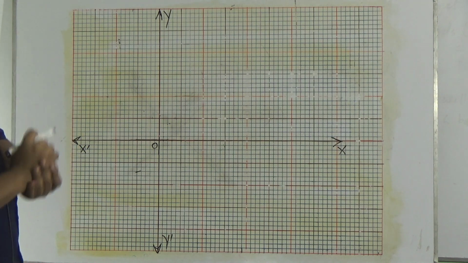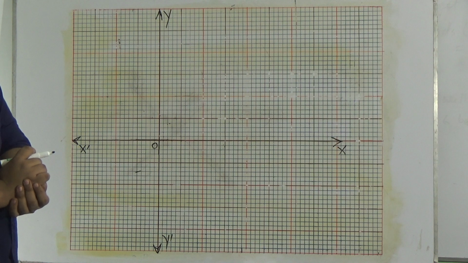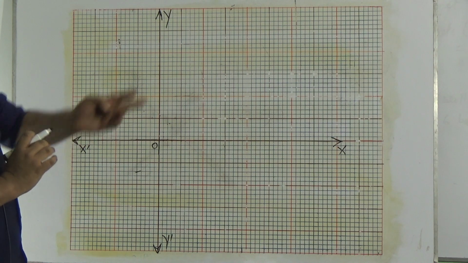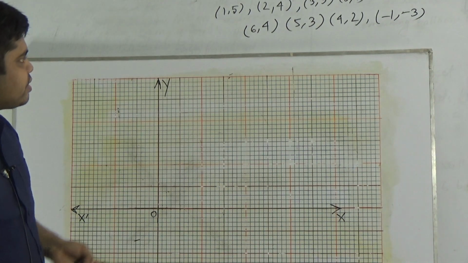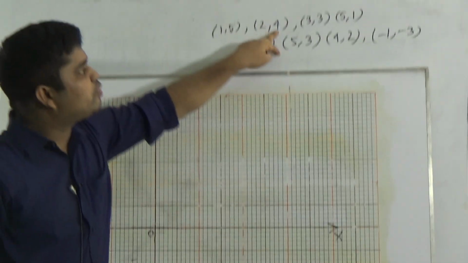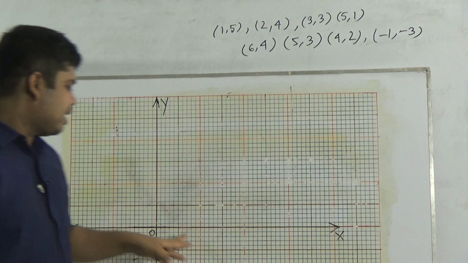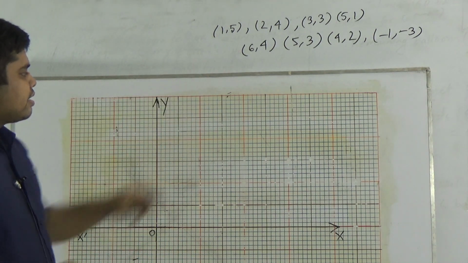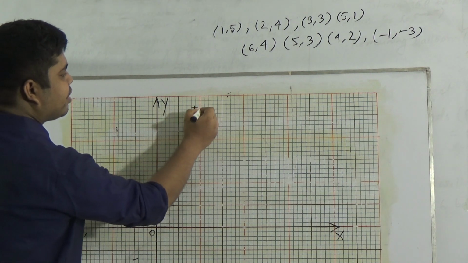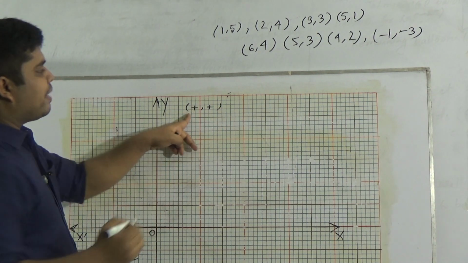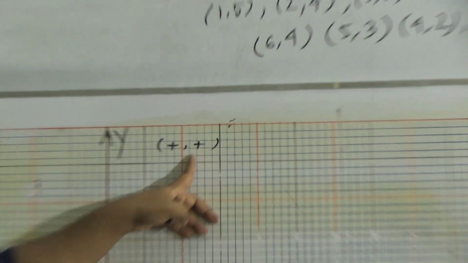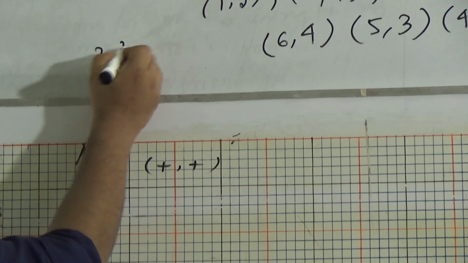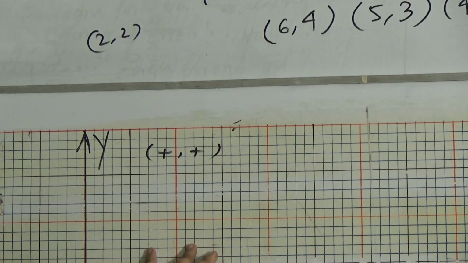Now my dear students, we put the points of equation number 1 and equation number 2. At first we plot (1, 5), (2, 4), (3, 3) and (5, 1) in the graph. My dear students, in this first part we plot the plus and plus sign. That means if the point is (2, 2), it is placed in the first part.